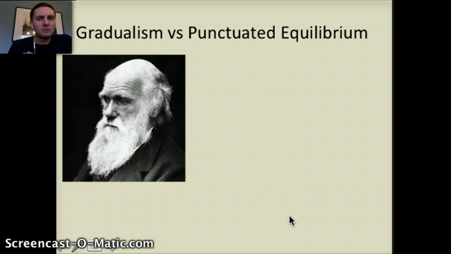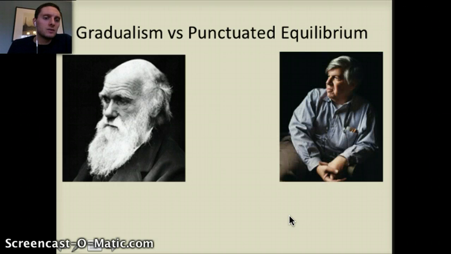But sometimes the fossil record doesn't really match with that. And so in the 1980s, 1990s, another individual, Stephen Jay Gould, suggested this idea of punctuated equilibrium. Punctuated equilibrium is basically periods of no change followed by quick bursts of large amounts of change in terms of the number of species and diversity.